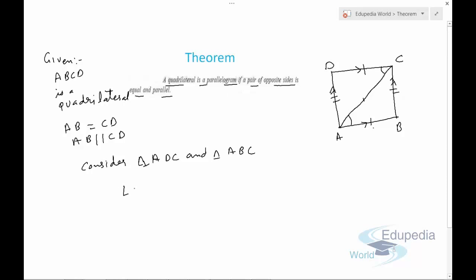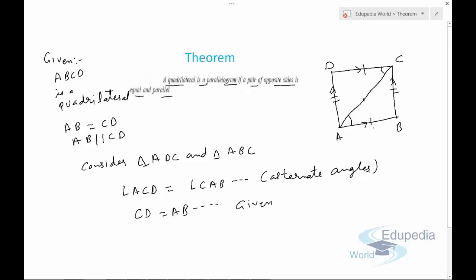We can say that angle ACD equals angle CAB. Why? They are alternate angles. And it's given that CD equals AB, and AC equals AC, which is a common side. So we have three conditions: 1, 2, and 3.